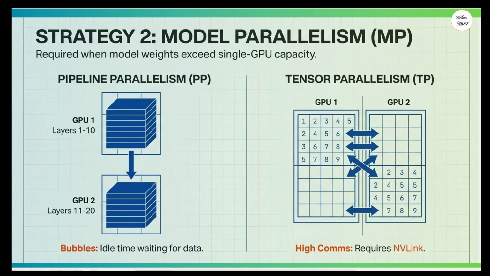This is very fast, but requires massive communication speed, meaning you absolutely need NVLink. Model parallelism is the only way to handle giant architectures, but it needs careful balancing to avoid wasting expensive compute power.